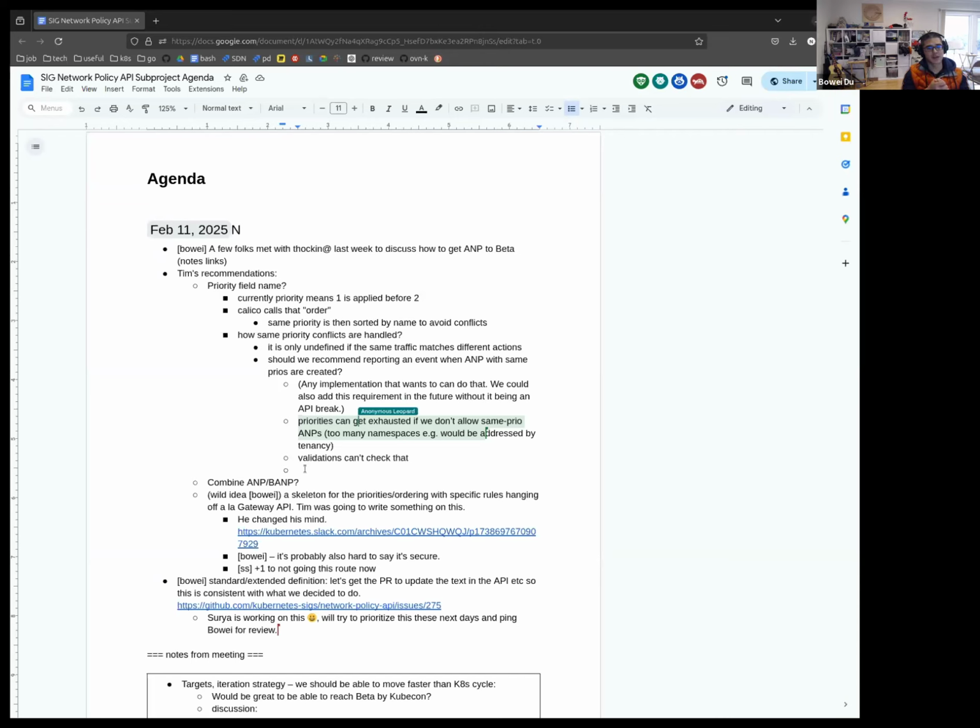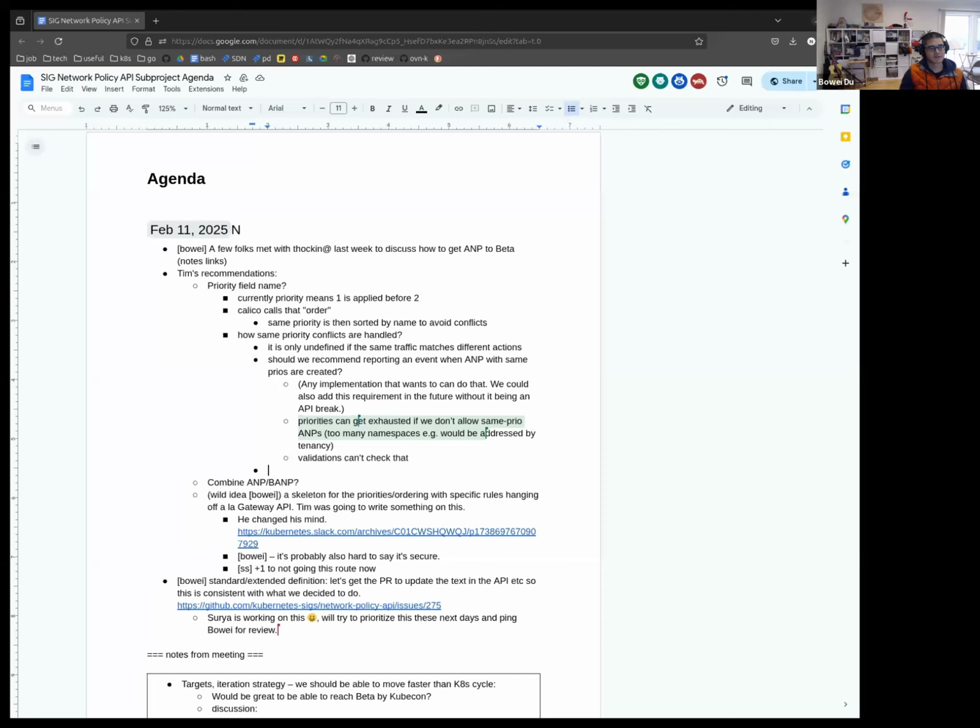Is it something that is allowed because it's hard to validate, versus something that we should definitely flag and push users away from? That's what I'm hearing, which surprised me, that in some situations we would recommend that users actually have multiple, not conflicting, but potentially conflicting rules at the same priority level. I don't think anyone has said that.